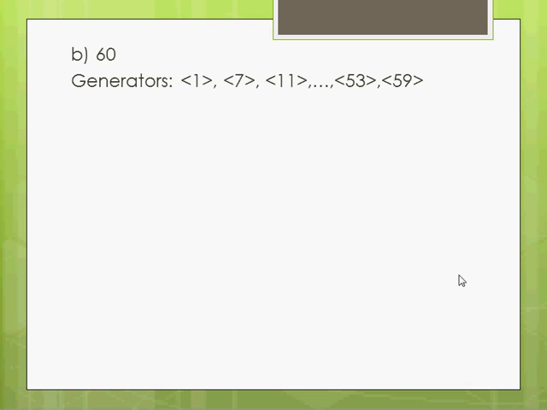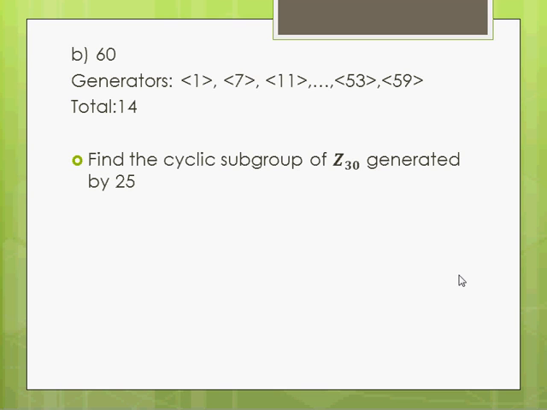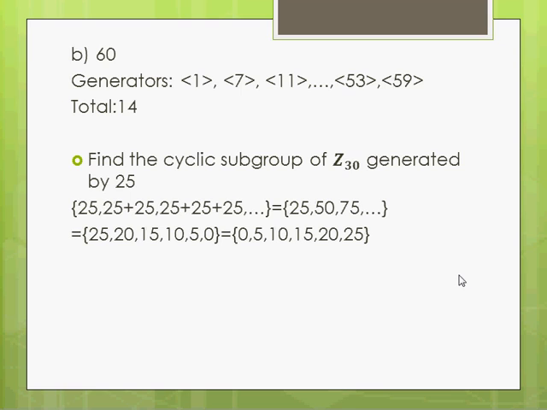Alright. The next problem is to find the cyclic subgroup of Z30 generated by 25. What does that mean? We start with 25, add it again, we get 50, add it again, we get 75, and so forth. You mod those by 30, and it turns out to be 25, 20, 15, 10, 5, and 0, which in order is 0, 5, 10, 15, 20, and 25.